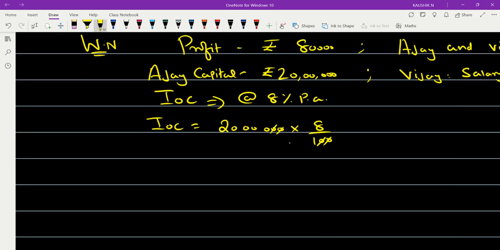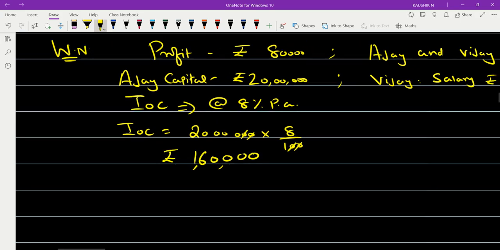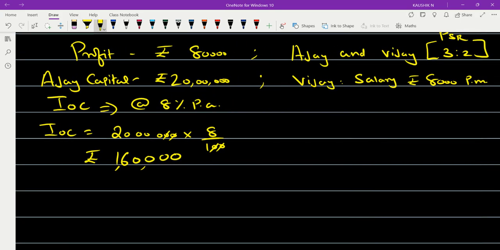Now how much will be the value? 8 twos are 16. So what is the total amount that you are getting as interest on capital? 1,60,000. This is interest on capital, and that is for Ajay.